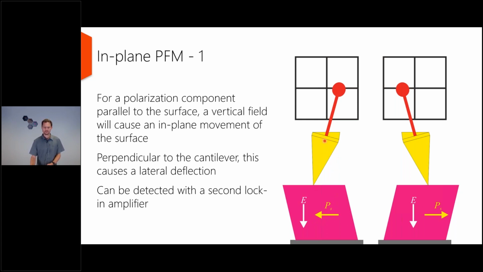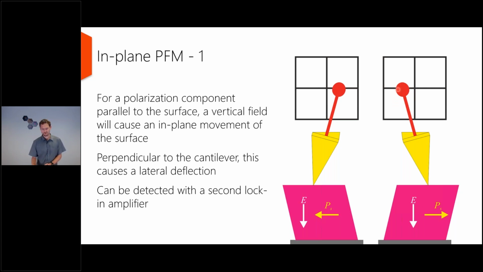So here you see the cantilever from the front. If you now apply this electrical field, the top surface will move to the left, and you see the cantilever is starting to twist. It's starting to bend sideways. As a result, the laser is moving sideways on the photodiode. And if the polarization is in the opposite direction, the laser goes also in the other direction.